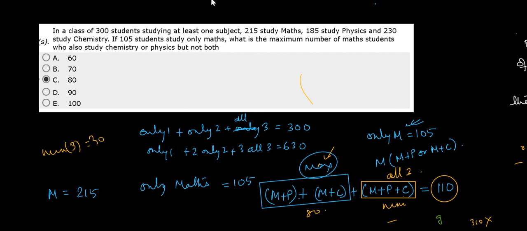Okay. You see, total number of students studying mathematics is given, 215 study maths, right? So maths is 215, and only maths is given as 105.